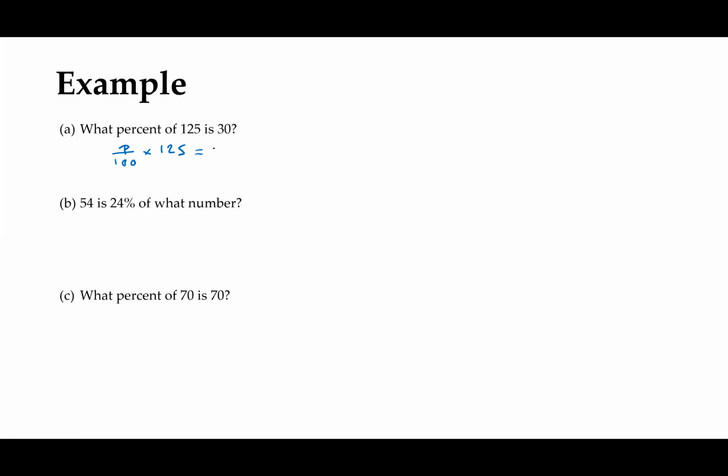And is can be translated as equals. So I have this nice equation. Right, this reduces, right? 25 goes into 125 and 100. So I wind up with 5/4 P equals 30.